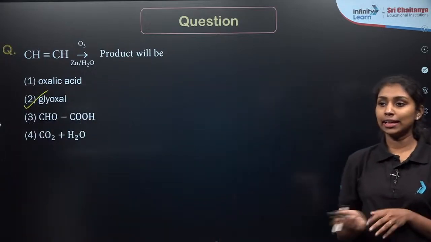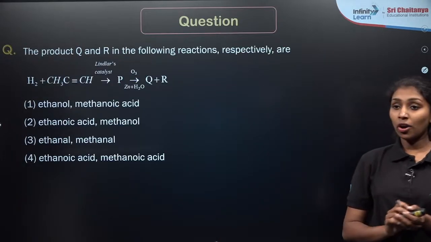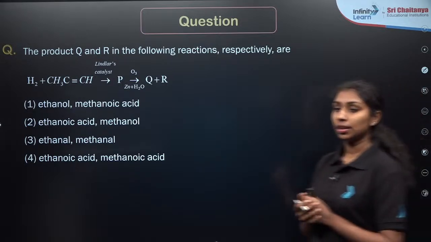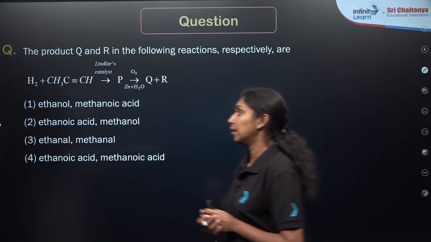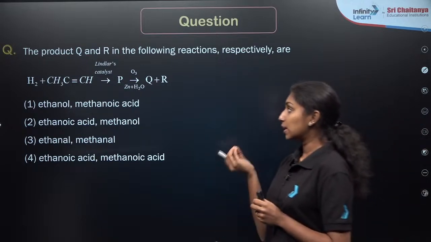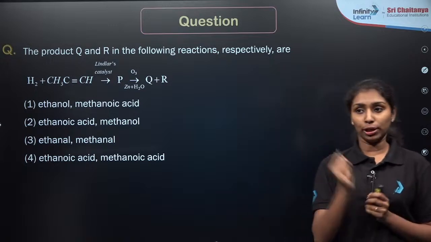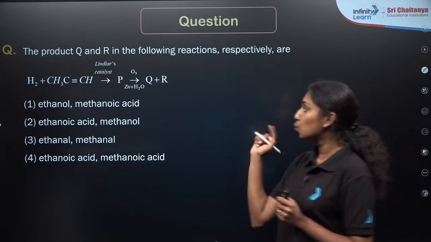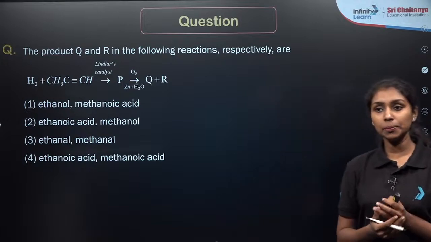Yes, correct. Now here is the next question. The products Q and R in the following reactions respectively are. This is the addition of hydrogen in the presence of Lindlar catalyst for the propyne molecule. It will form the product P, which on ozonolysis gives the products Q and R. What will be the answer?